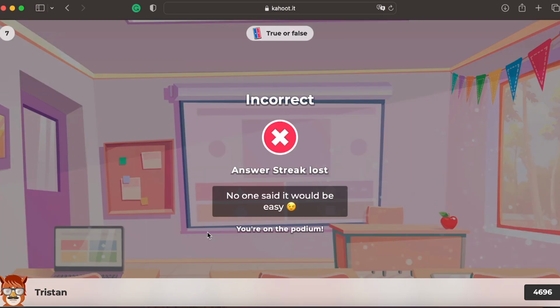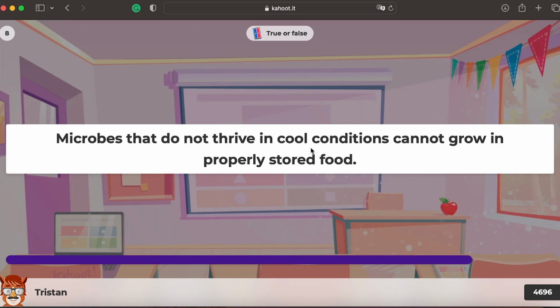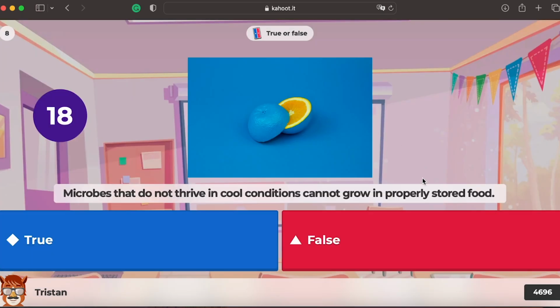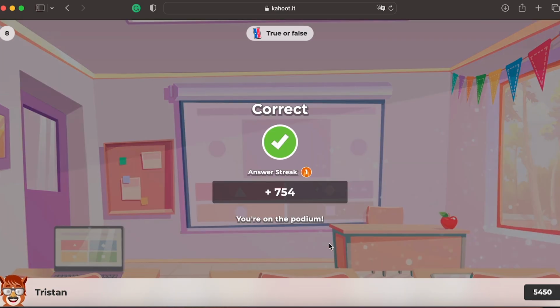No. Microbes that do not thrive in cool conditions cannot grow in properly stored food. I don't think that they cannot. They can.